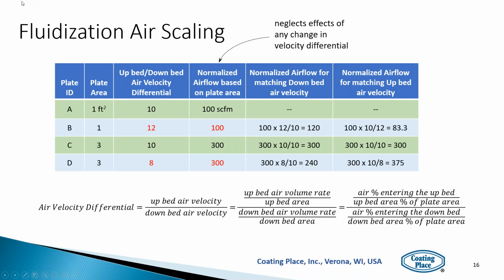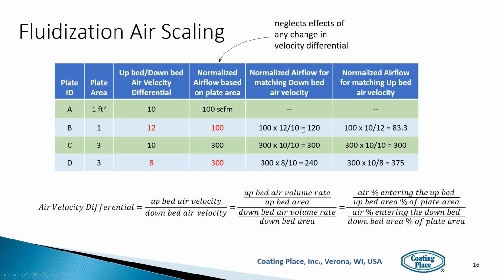On this particular slide, plate A is, say, the benchmark plate: one square foot of plate area, where 100 CFM gives a good process. If we go to a different plate that has, say, a 1.2-to-1 velocity differential, 100 CFM will not be equivalent, in that we'll have more air in the up bed because of that higher velocity, and so less air in the outer bed than in the original plate.